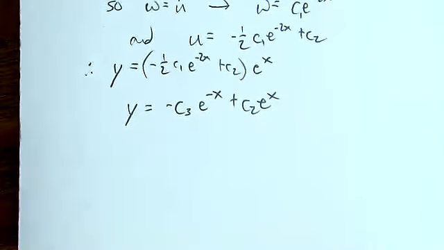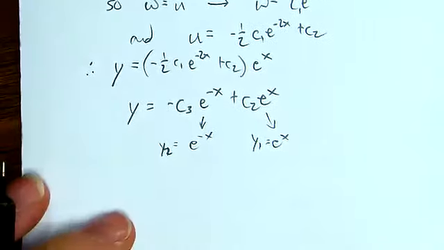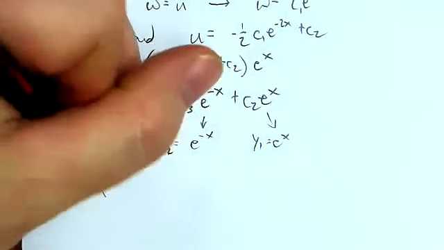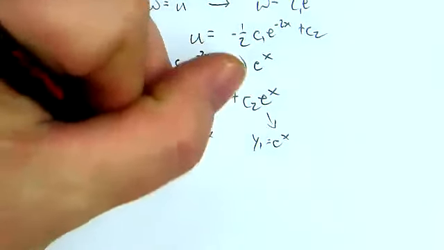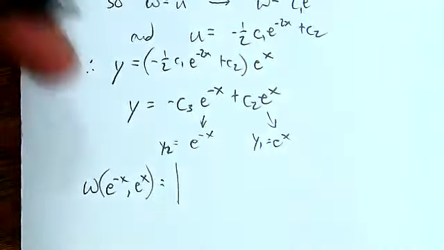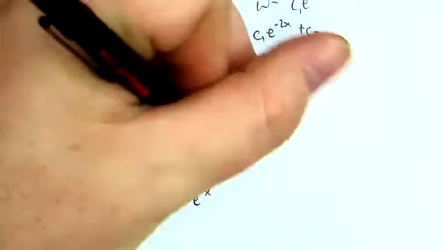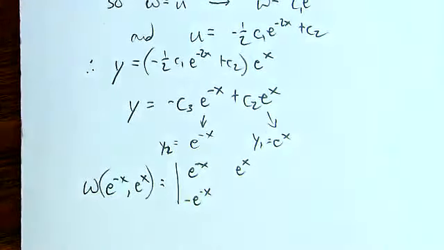Now, you might want to verify for yourself that these two functions, e to the negative x and e to the x, are indeed linearly independent. We can check them, remember, by using the Wronskian, which is the determinant of e to the negative x, e to the x, negative e to the negative x, e to the x.